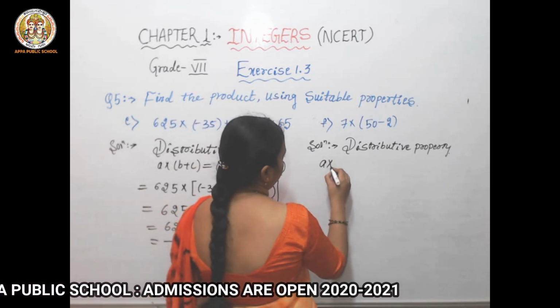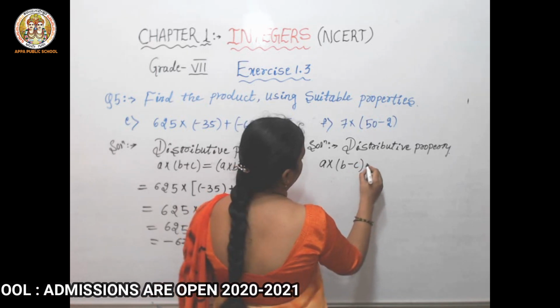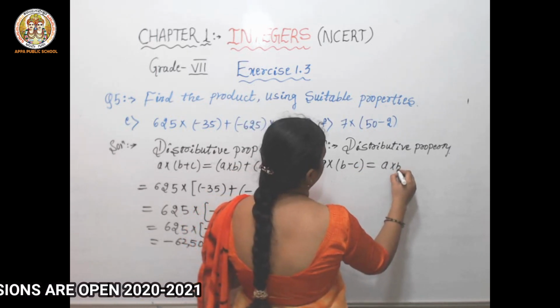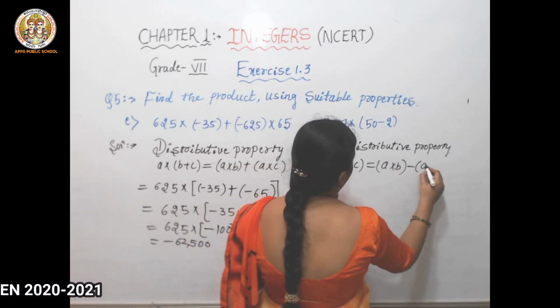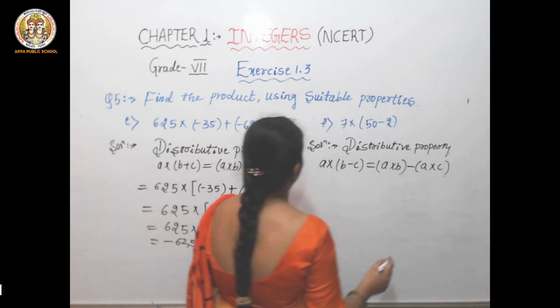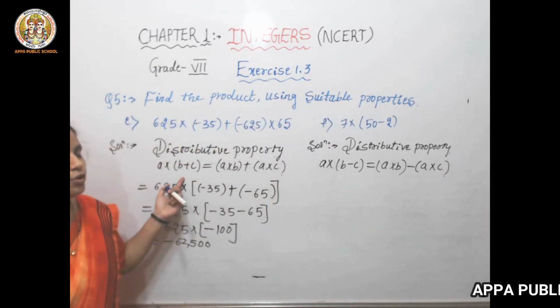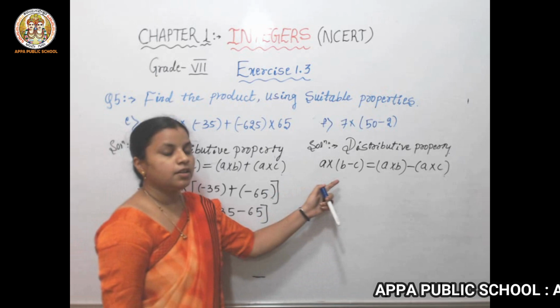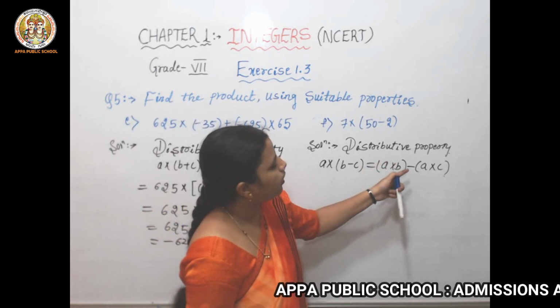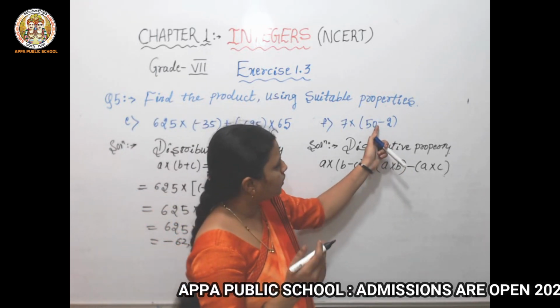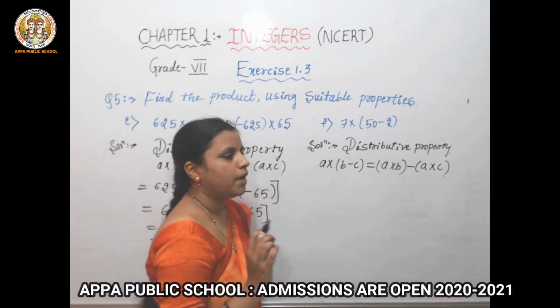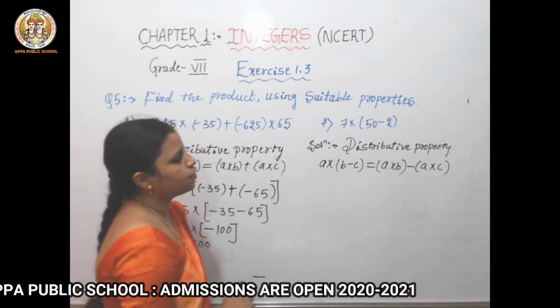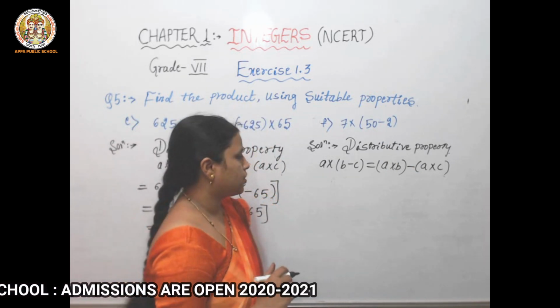Then what happens here? A into B minus C is A into B minus A into C. This is called distributive over subtraction, because in between the two numbers we are having a minus sign.